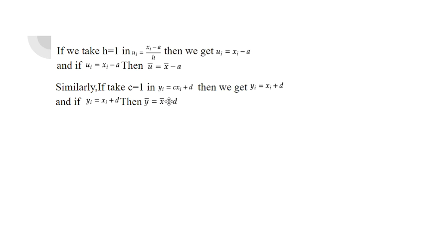One more thing, let me explain the meaning of this statement. If ui is equal to xi minus a, then u bar is equal to x bar minus a. So what is the meaning of this statement? If I subtract some constant, in our case the constant is a, from all the observations, then the new mean will also decrease by that constant, that is a.